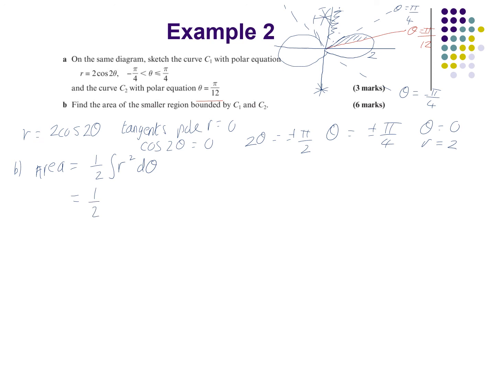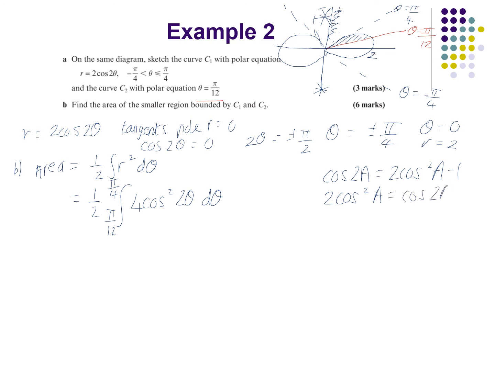Okay, so now we can just plod on with it really. Lower limit pi by 12, upper limit pi by 4. What's my r squared? Remember to square that and to square that. Double angle formulae again. Cos 2a is 2 cos squared a minus 1. So rearrange it: 2 cos squared a equals cos 2a plus 1.